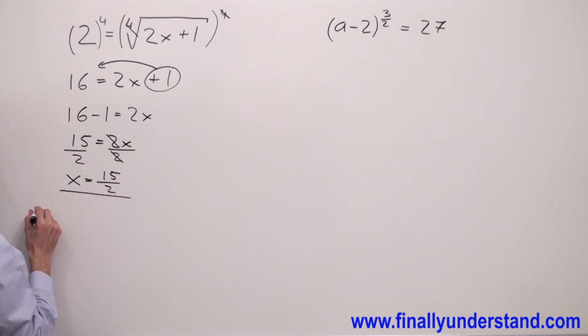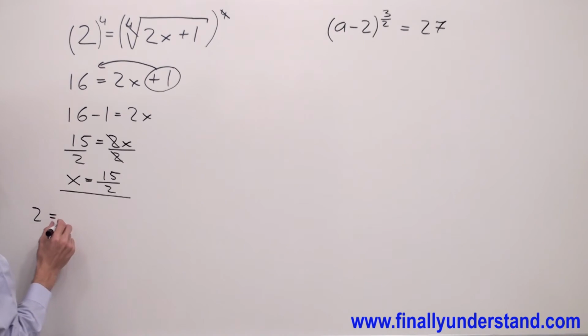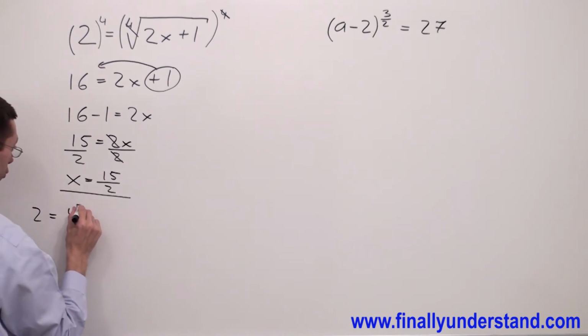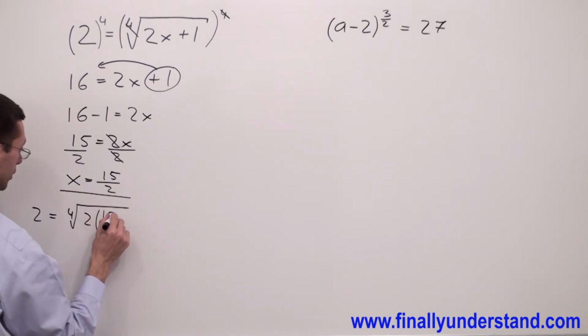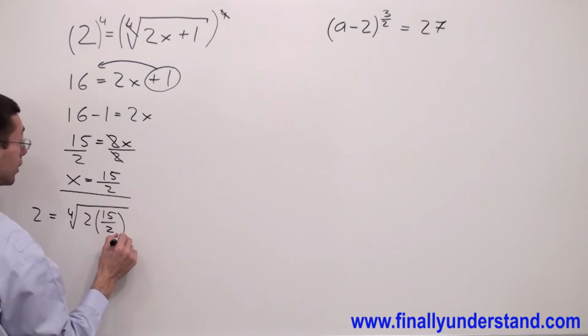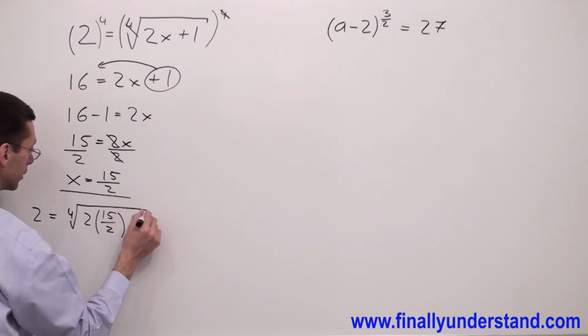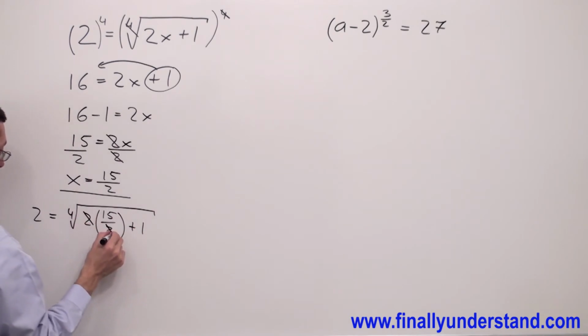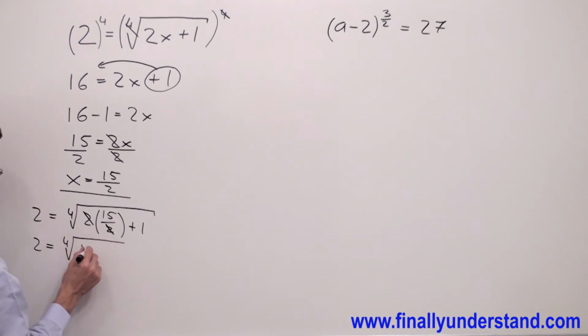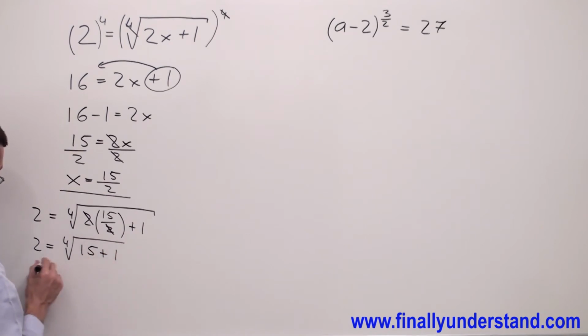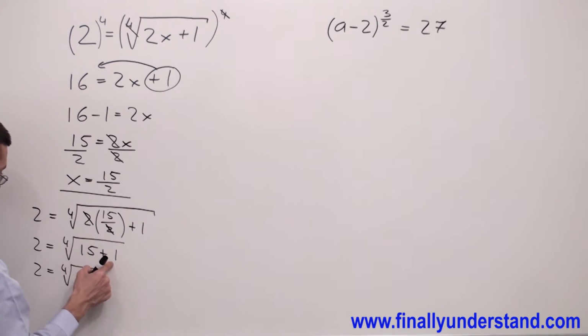So I have 2 equals the 4th root of 2 times my x, which is 15 over 2, plus 1. 2 and 2 will cancel out, and I have 2 equals the 4th root of 15 plus 1. 2 equals the 4th root of 16.